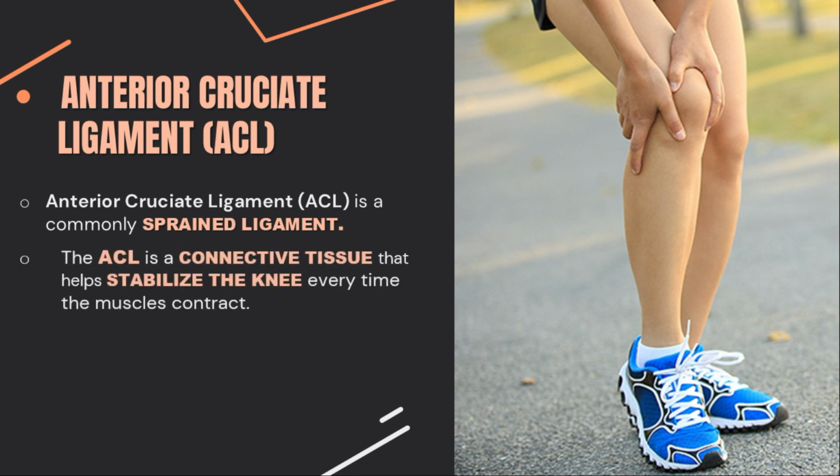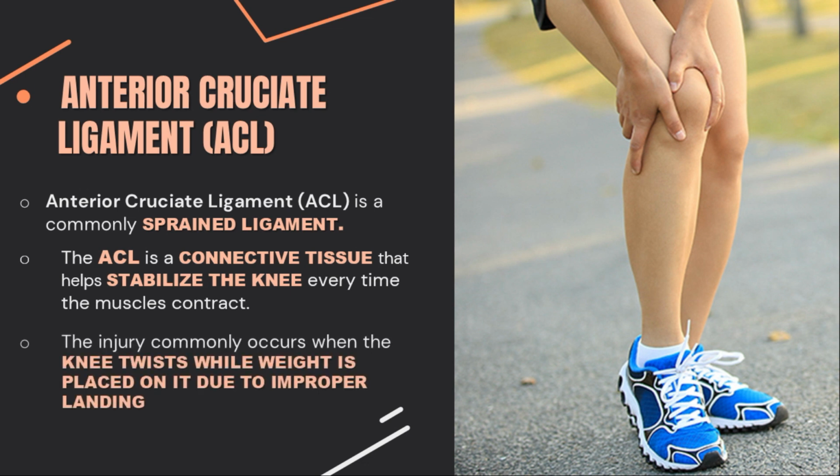So, class, the ACL is a connective tissue that helps stabilize the knee every time the muscles contract. So, pag sinabi natin ACL, knee yung tinutukoy dito o yung tuhod natin. So, the injury commonly occurs when the knee twists while weight is placed on it due to improper landing.